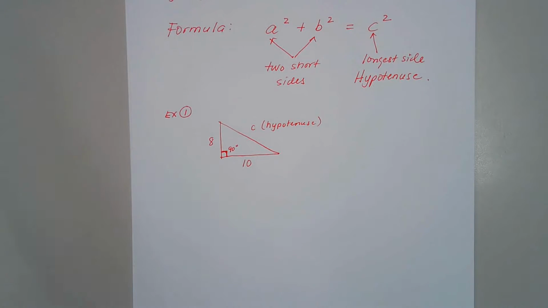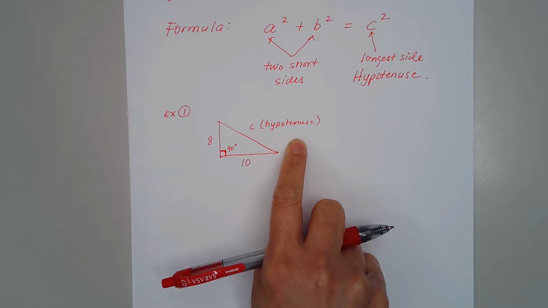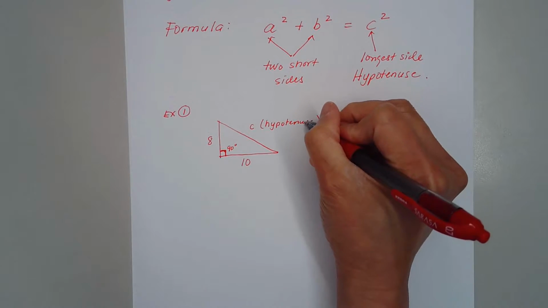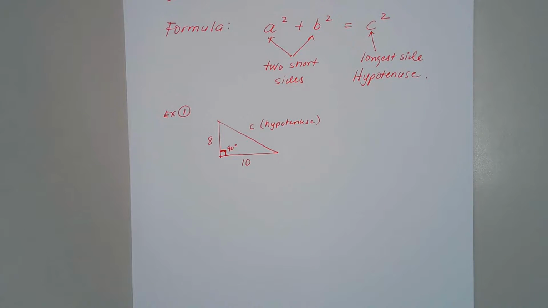Say it with me. What's that word? Hypotenuse. Let's practice the word. Even to say the word is a great thing, right? Because if you can't say the word, then it's hard to communicate later on what we're looking for.